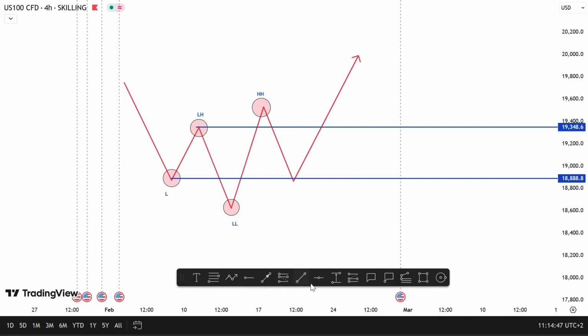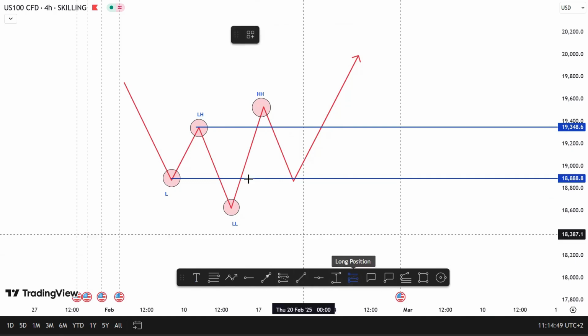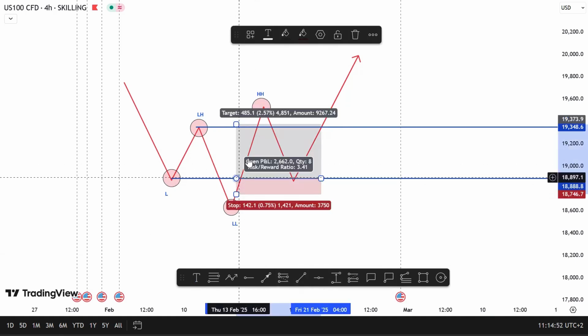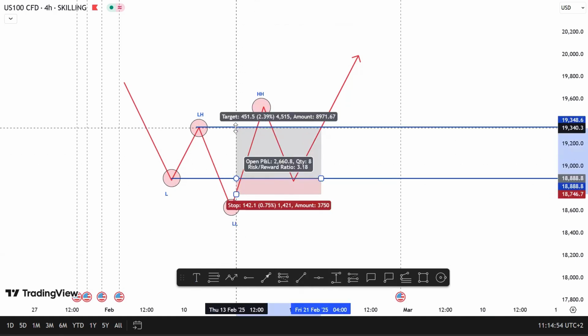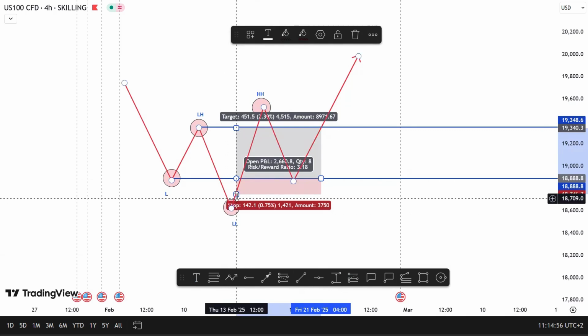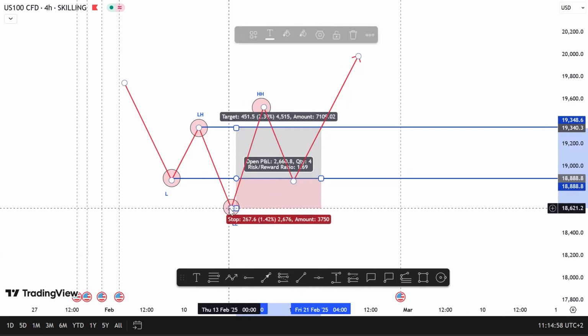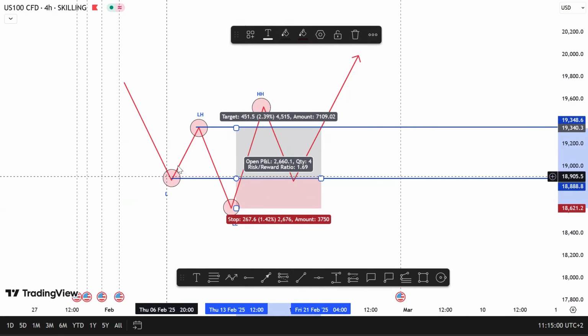So your first two entries on this setup is this one to the upside, your stop loss at your lower low, your entry at your low, targeting the high. That's your first entry.